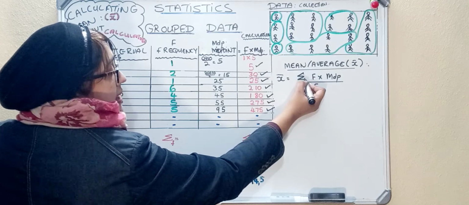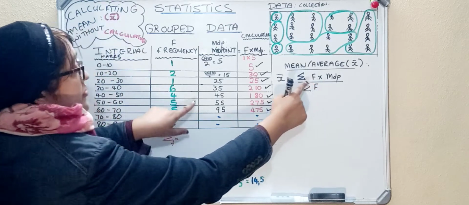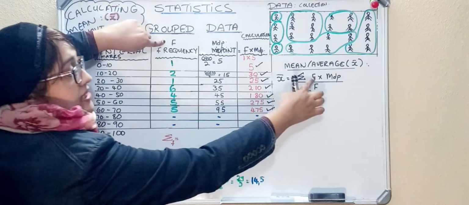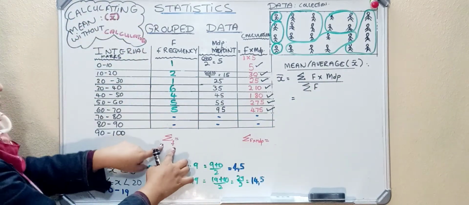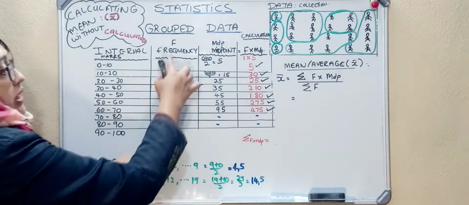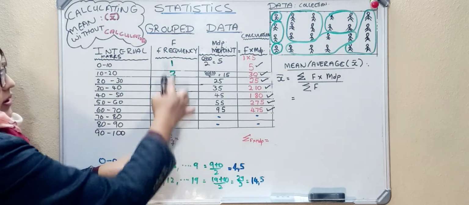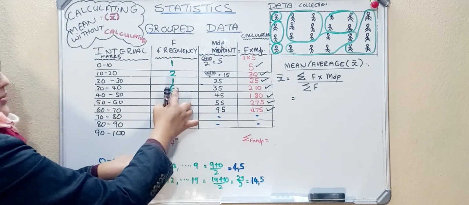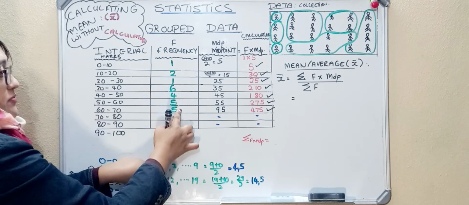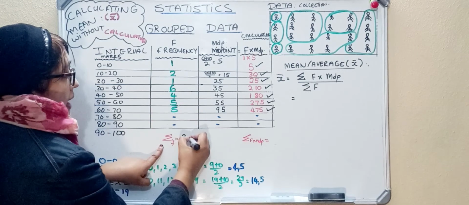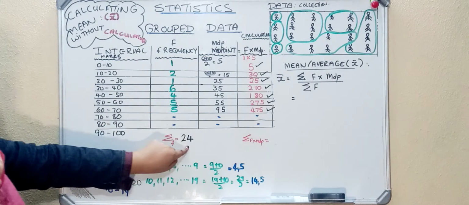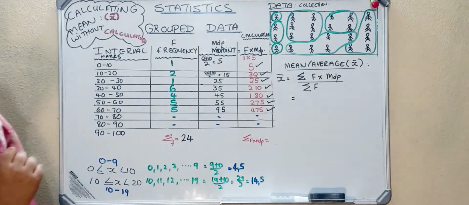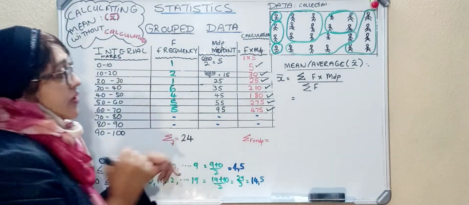So this is the sum of your frequency times your midpoint divided by the sum of your frequency. Okay, so if I add my frequency all here, 1 plus 2 plus 1 plus 6 plus 4 plus 5 plus 5, it gives me a total of 24. Okay, so that means there's 24 pupils in that class. Okay, total of my frequency.